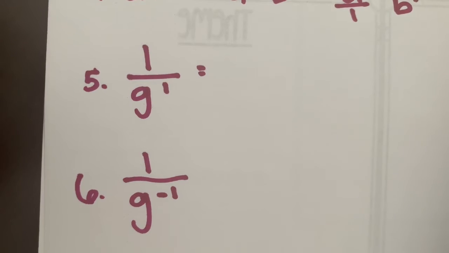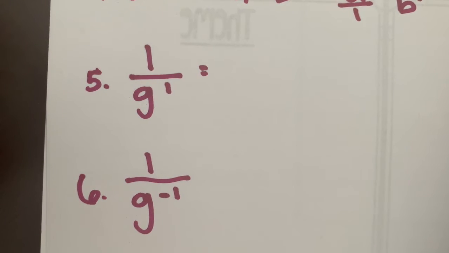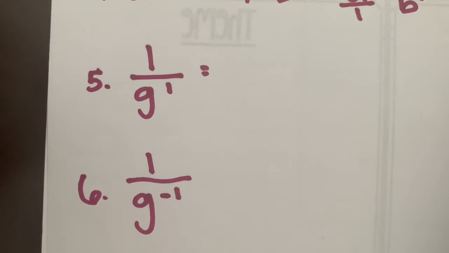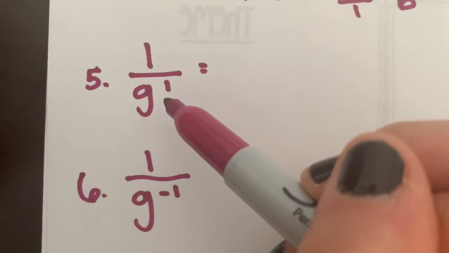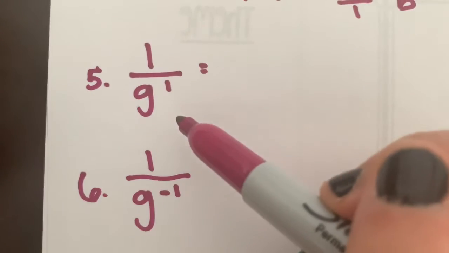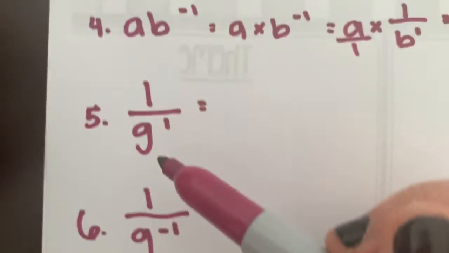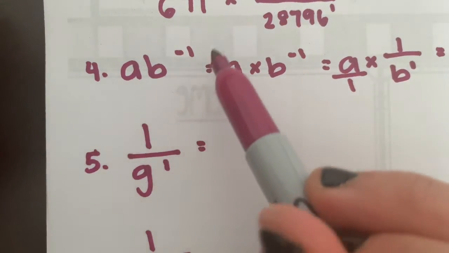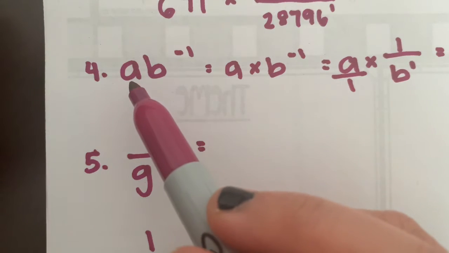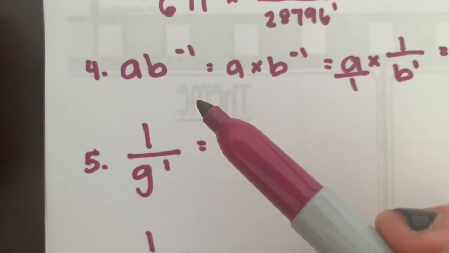Let's do number 5. 1 over g to the first. So how can you write it? We need to rewind and complete this problem. If we look up here, which number out of a and b did we put over 1?